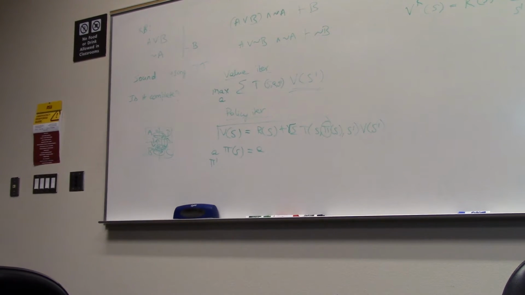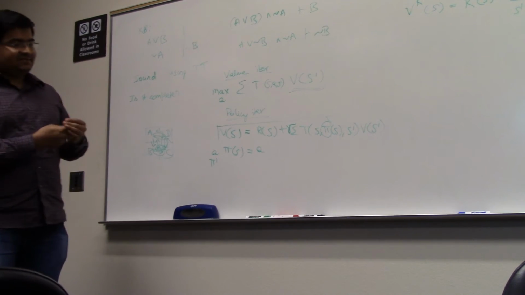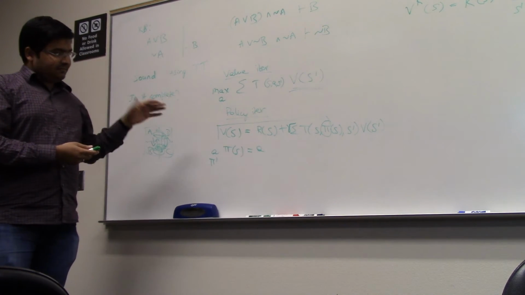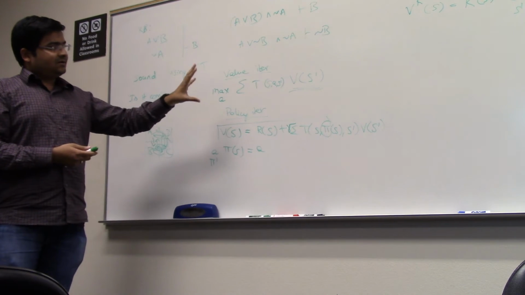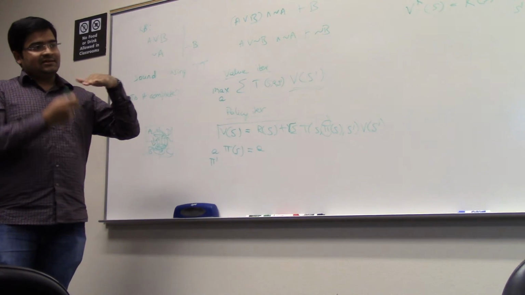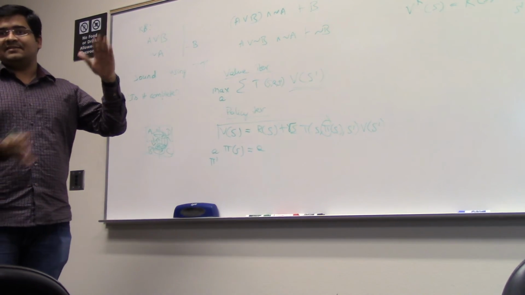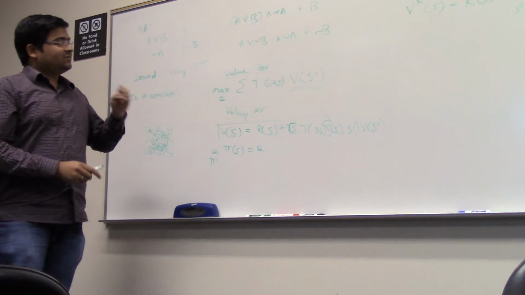Could you briefly go over how you mark mutexes and planning graphs? Sorry? Mutexes and planning graphs? Yeah. So mutexes in planning graphs are about basically making sure that all the terms in a particular level are consistent with each other. Right?